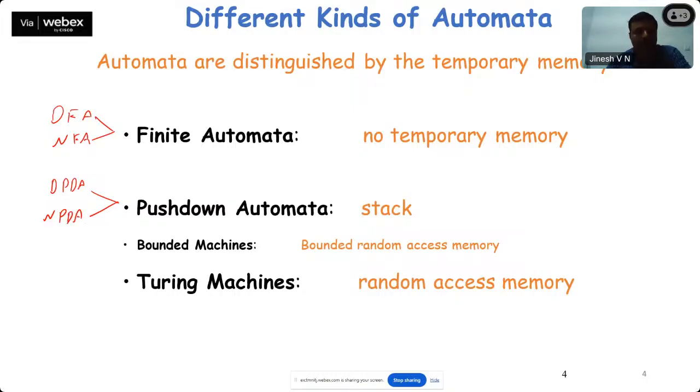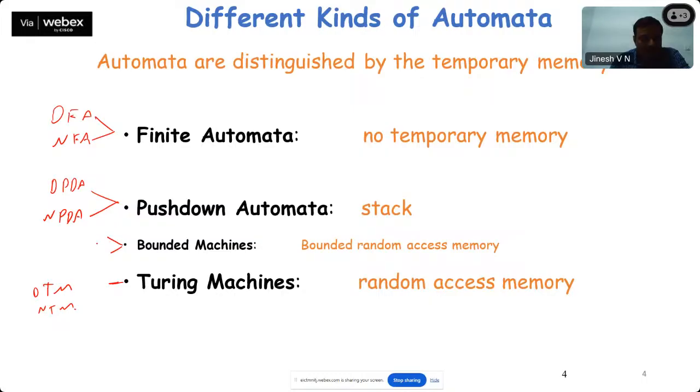Then we have bounded machines and Turing machines. Last we'll see the Turing machine, again deterministic and non-deterministic Turing machines, and another type, that is bounded automata machines.